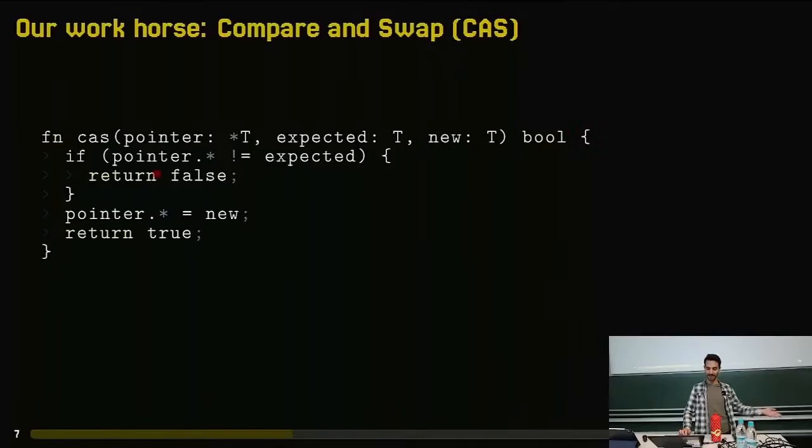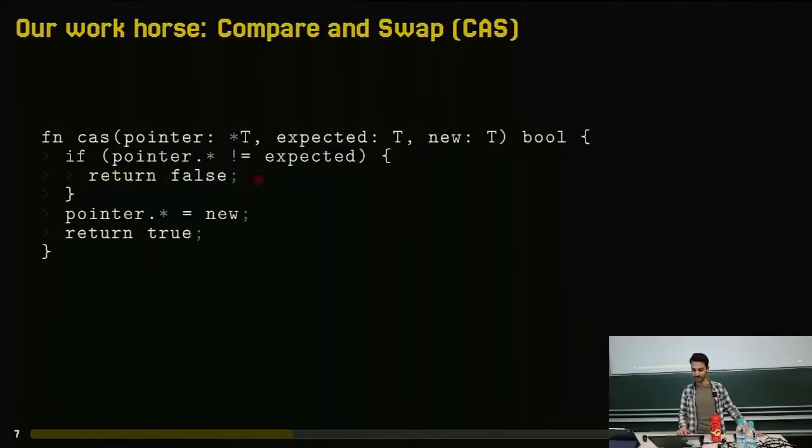So the first step of our compare and swap operation is checking if the value of our pointer currently is the expected value. If that's not the case, then somebody has modified something, and we aren't at the state we expected to be at. So we just abort and say false. We have to try later.